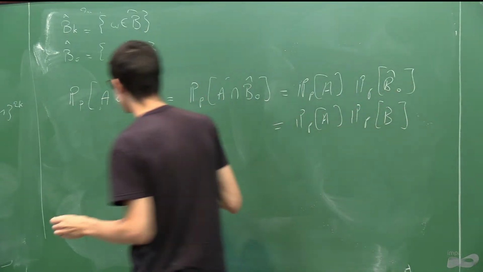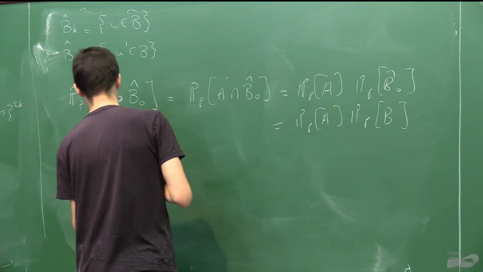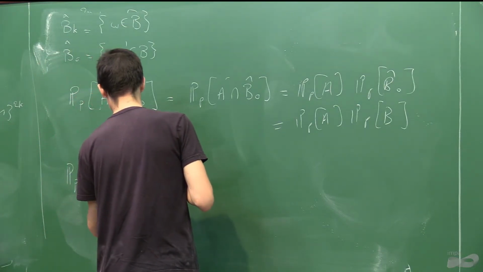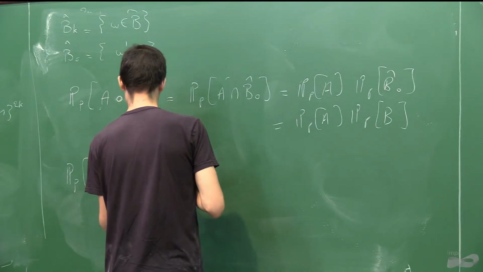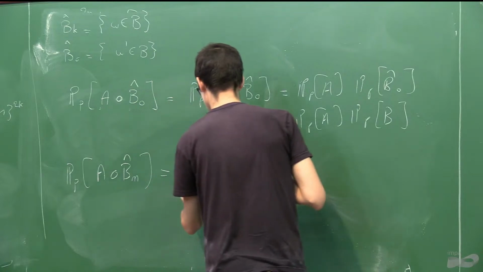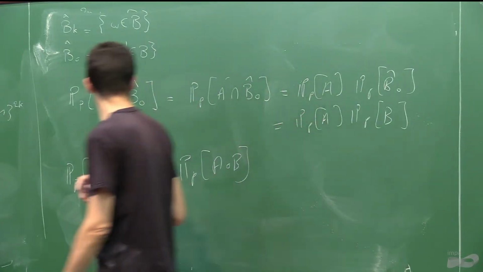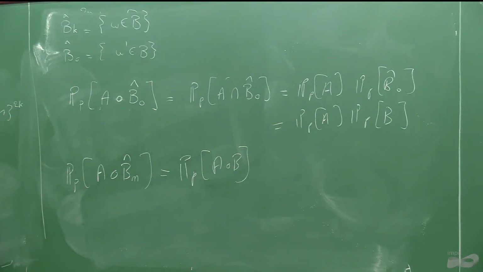Okay, on the other hand, this is simply the probability that A and B are disjointly satisfied.